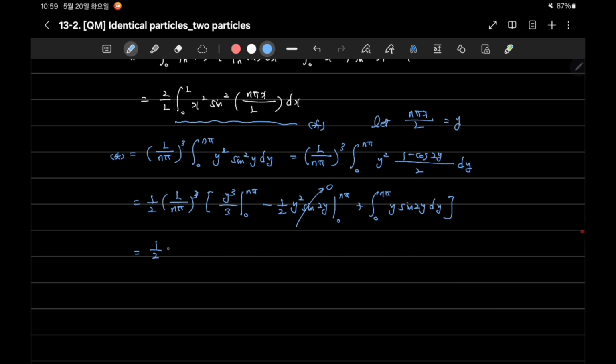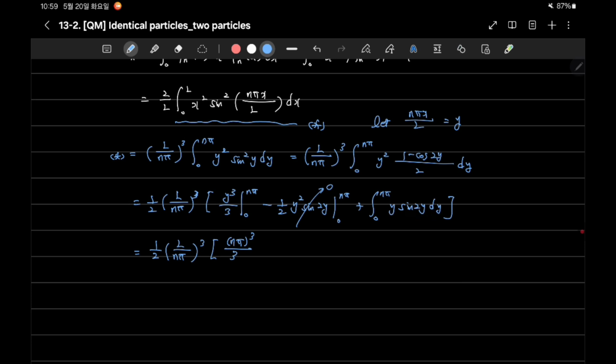Then it is 1/2 L over n pi cubed, then n pi cubed over 3, and secondly, this also should be calculated by integration by parts: integrate sine and differentiate y.